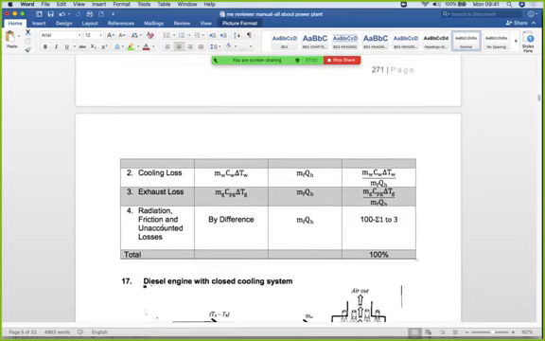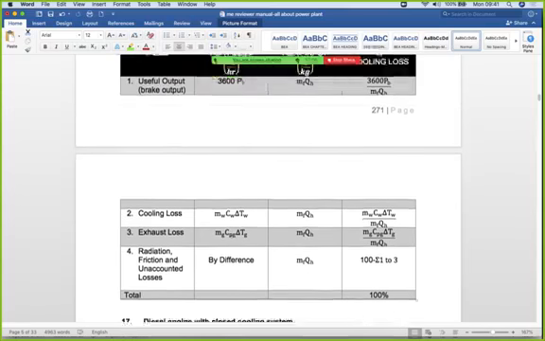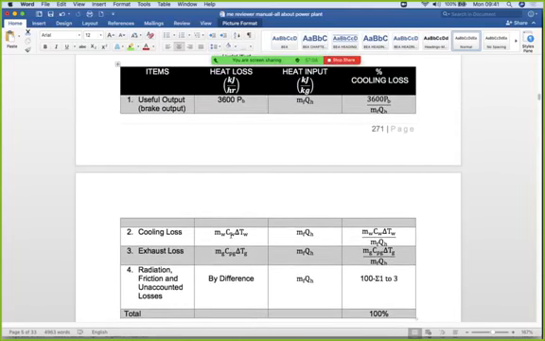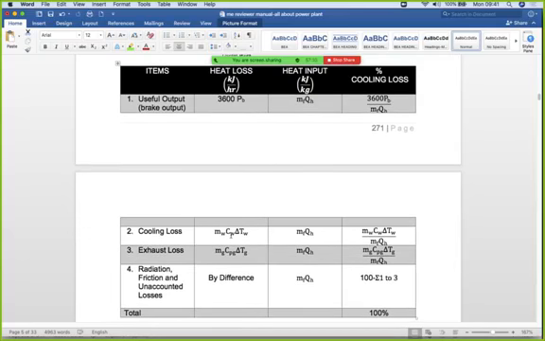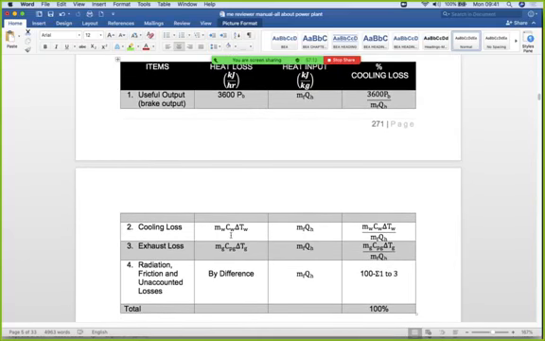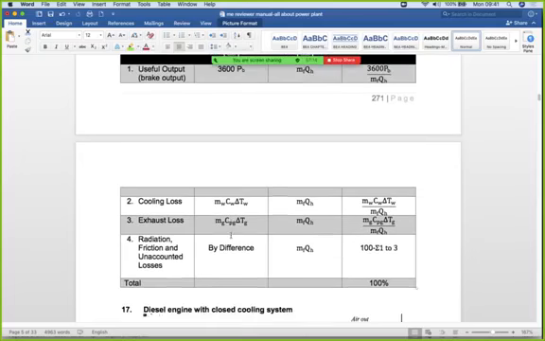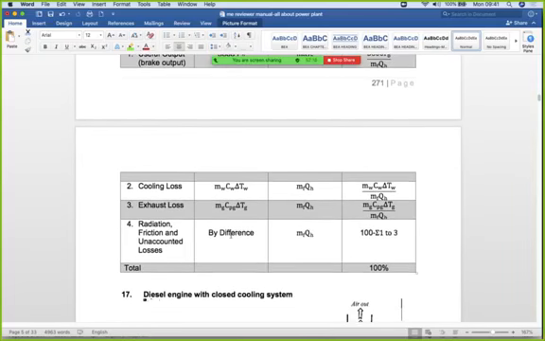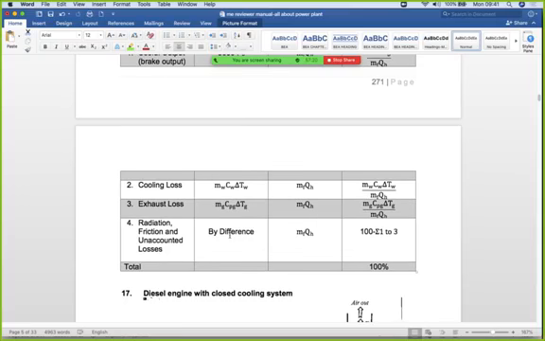So we have also radiation, friction, and unaccounted losses. These are the losses that you may find in your diesel engine. The difference is between radiation loss, friction, and unaccounted losses, whereas the heat input is still the same.